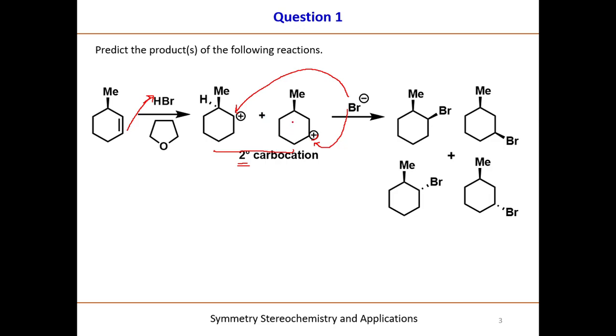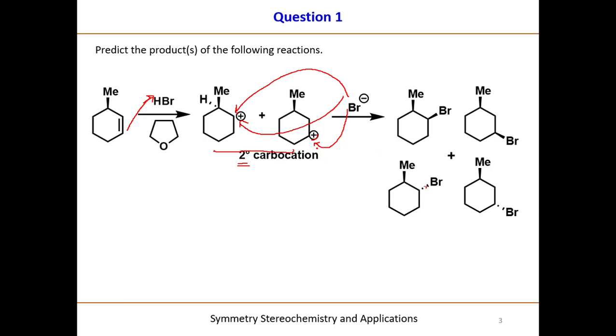Now there are two more possibilities, because a stereocenter will be generated here. If it attacks from the upside or front side, we will get the beta substituted bromide. If it attacks from the back side, or we can say from below the plane, then we will get the alpha substituted bromide, that means the back side of the plane, right?